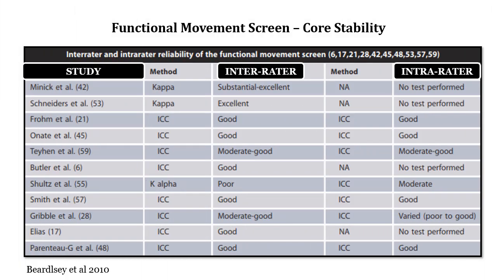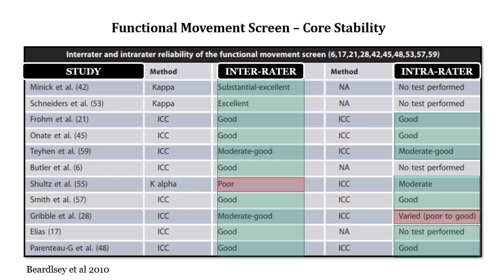When you look at a systematic review of the psychometric properties and the reliability of the FMS, you can see consistently that there's good to excellent inter-rater reliability, and intra-rater reliability has also been shown to be good to moderate.